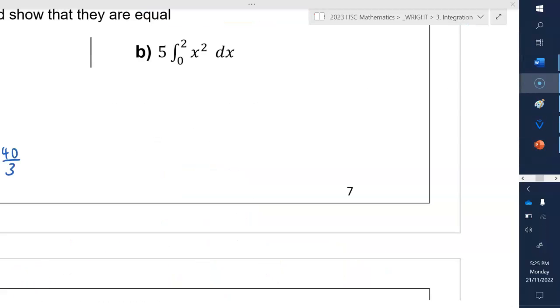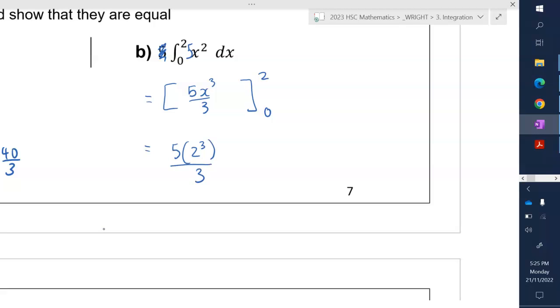Okay, so I've done this a little bit backwards because I've preempted myself, and I'm going to pop this 5 straight in here. I want to show you the difference. So let's leave the 5 in there, and we're going to use that inside our integral to work it out. So let's integrate this one here. We're going to have 5 times x to the 3 over 3, and that will be equal to 5 times 2 to the power of 3 over 3, take away 5 times 0 to the power of 3 over 3.